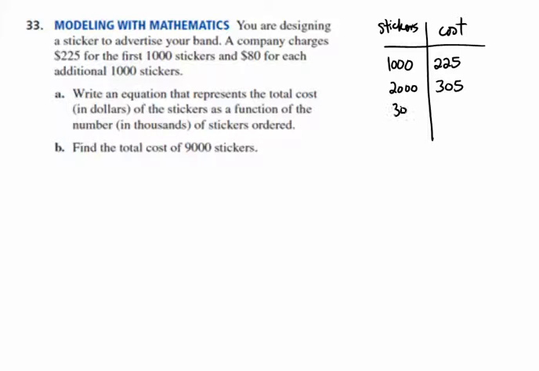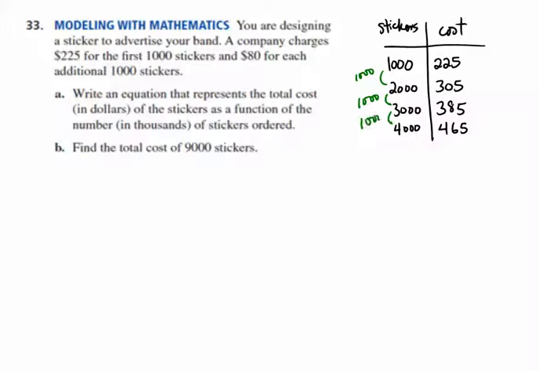If we wanted 3,000 stickers, the cost would be $305 plus another 80, or $385. And we could go on from there. 4,000 stickers would cost us an additional $80, and that would be $465.